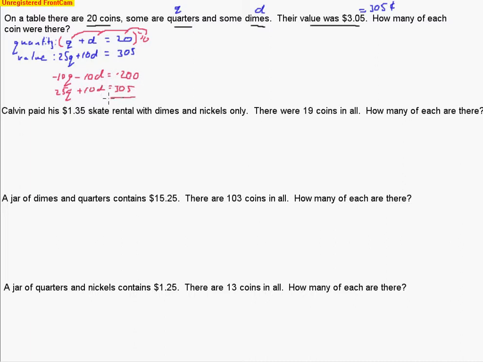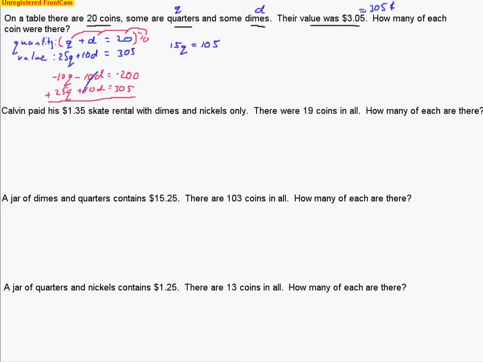I'm adding these two equations together, and the d's cancel because they're opposite sign, same coefficient. Combining these, I get 15q. On this side, I end up with 105.